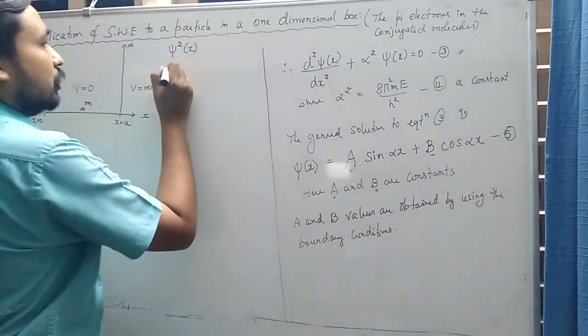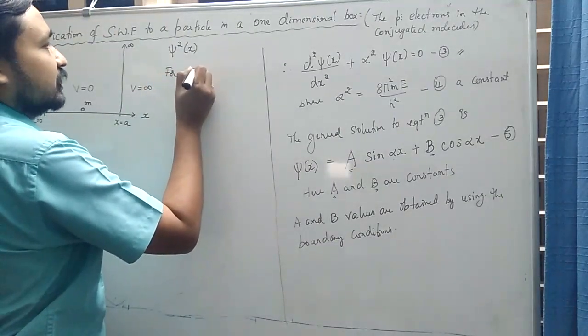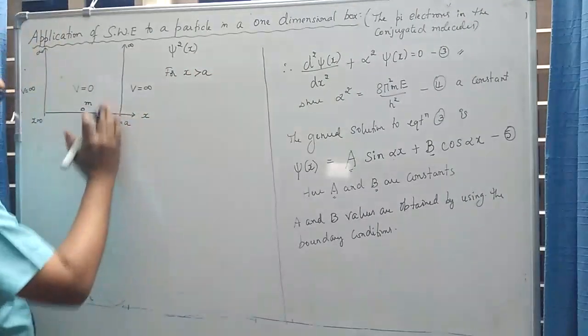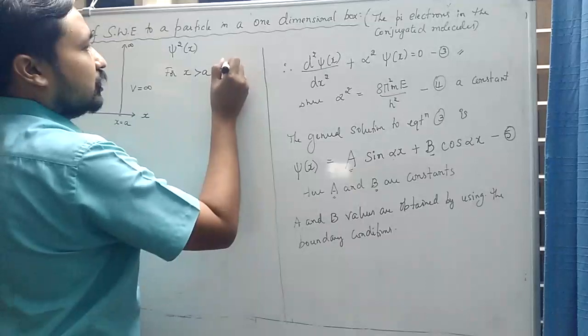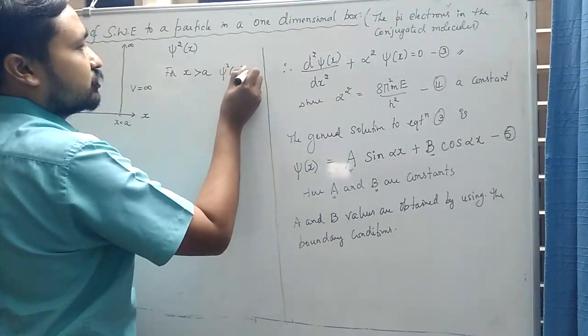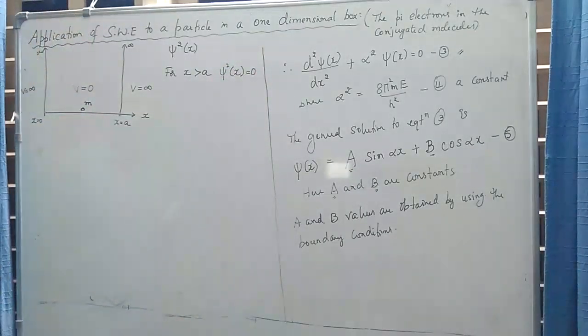So for all values of x greater than a, that is outside the box from the right side, psi square of x should be equal to 0.